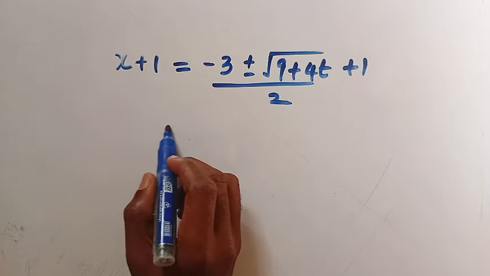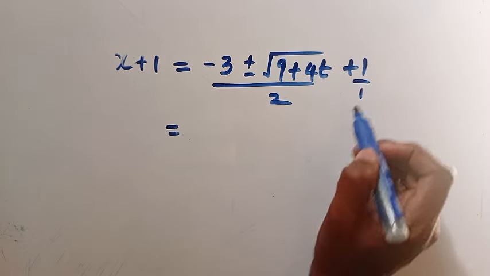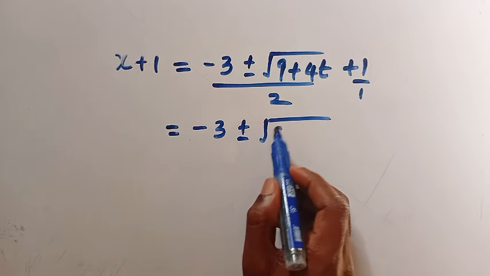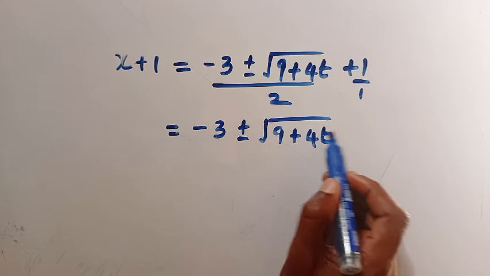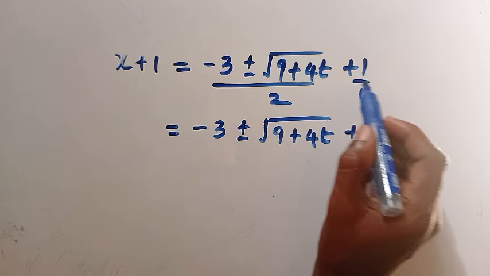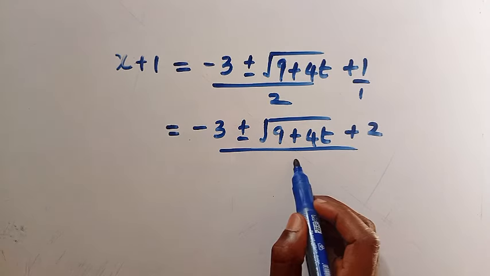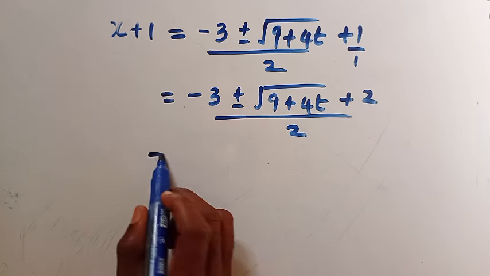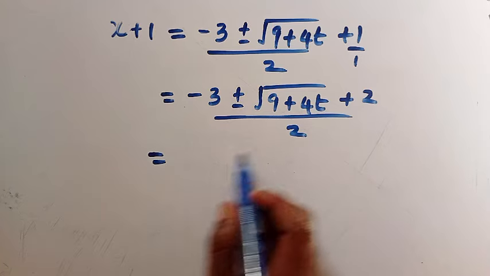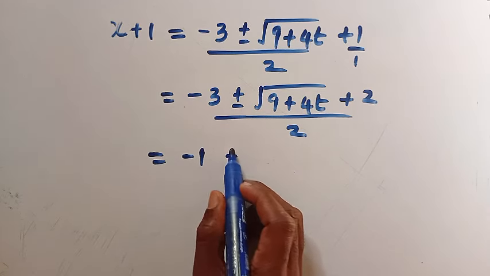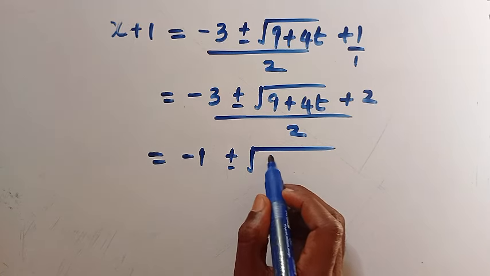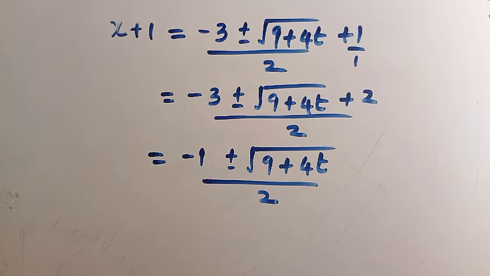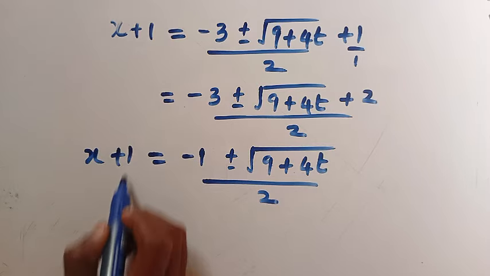So with what we have here, we are going to find the LCM, and we have minus 3 plus or minus the square root of 9 plus 4t, then plus 2 times 1, that is 2, all divided by 2. And next, we have minus 3 plus 2, that gives us minus 1. Then plus or minus the square root of 9 plus 4t divided by 2. This is the result of x plus 1.